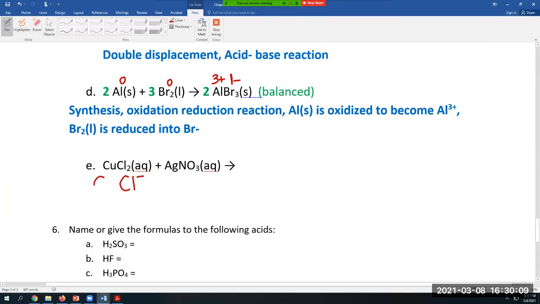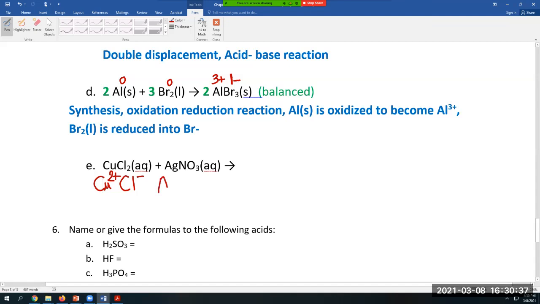And then the Cu here, so we have 1 copper for 2 chloride ions, with 2 times 1 negative charge, so 2 negative charges in total. That means we need 2 positive charges on the copper to cancel those charges. So it's Cu2+ there.